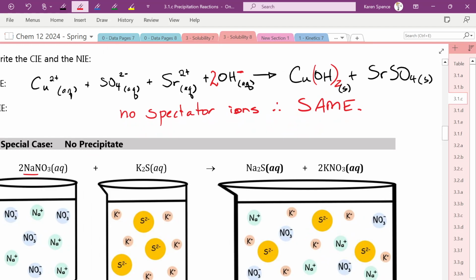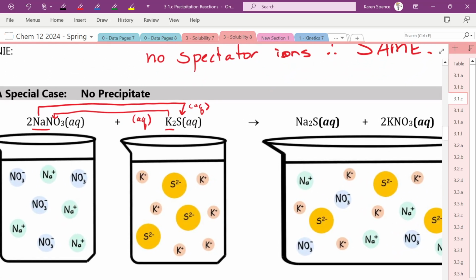Na is an alkali. What do we know about all alkali salts? They are all soluble. So when I put Na with S, that is going to be aqueous, yes? Now, is K an alkali? Yes, K is an alkali. So when I put it together with NO3, it is aqueous.